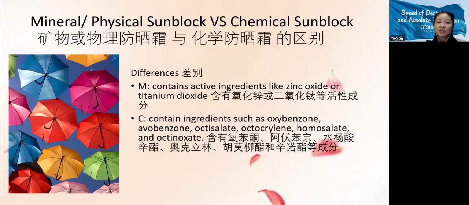Mineral sunscreen contains active ingredients like zinc oxide or titanium dioxide, whereas chemical sunscreen contains ingredients like oxybenzone, avobenzone, octisalate, octocrylene, and homosalate. All those ingredients ending in -zone, -late, -lene belong to chemical sunscreen.